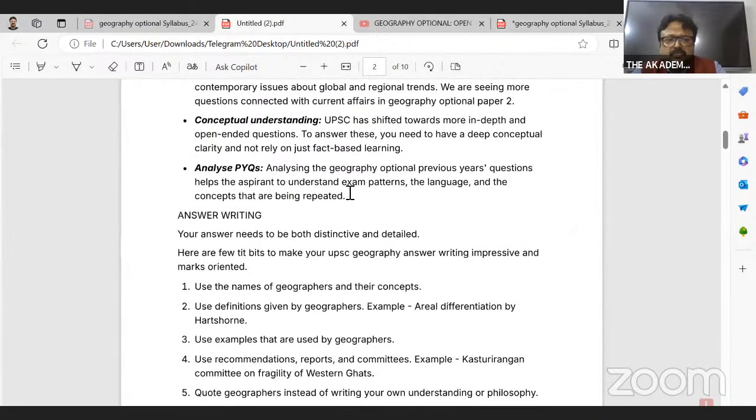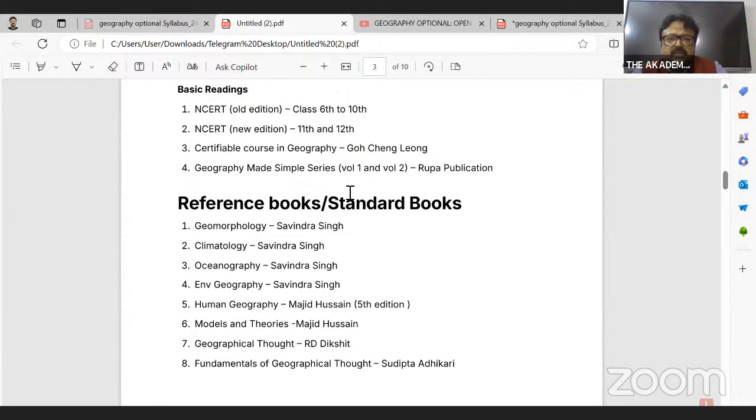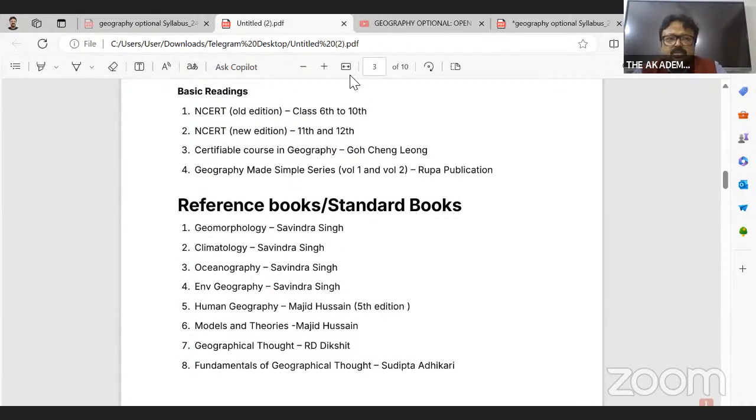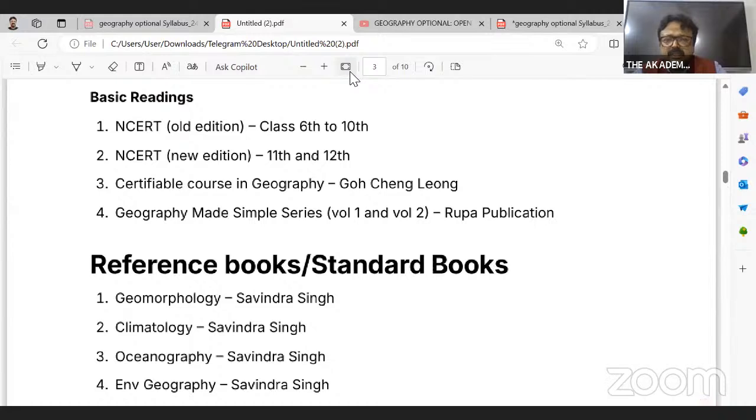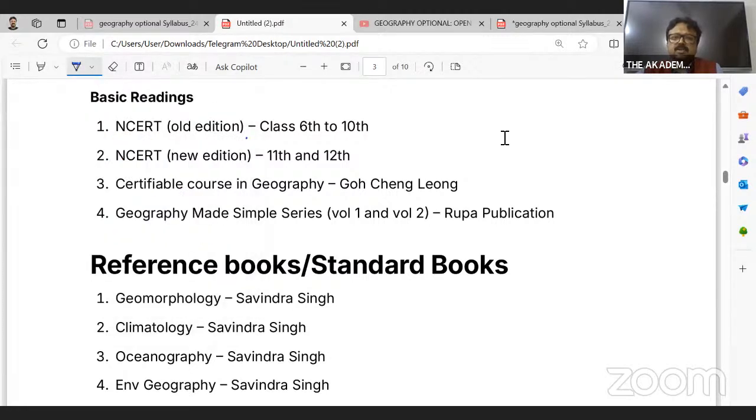And then let's come to the books for various topics. So reference book में I recommend कि बेसिक रीडिंग you can go for NCERT. तो सबसे पहले आपको शुरुआत अगर करनी है बच्चे, तो this is something which you should start, and this is class 6th to 10th NCERT old edition plus 11, 12 also.